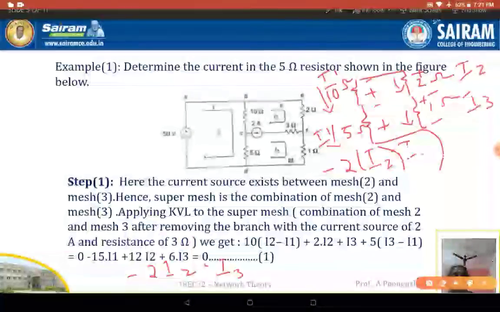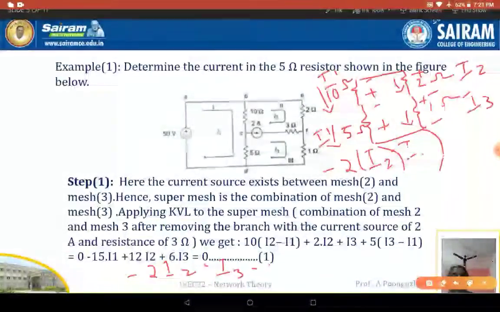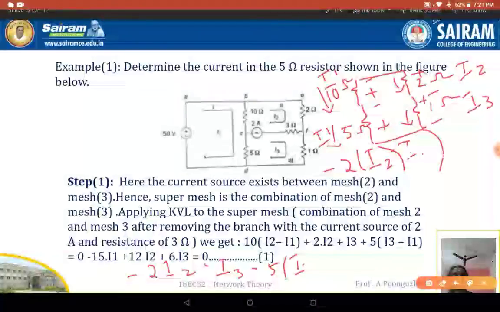Here the current is entering like this, so minus 5 into I3 minus I1. Again the current is entering like this, so it is going to be minus 10 into I3 minus I1.